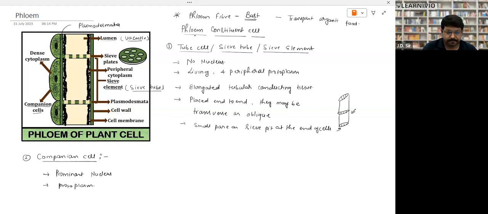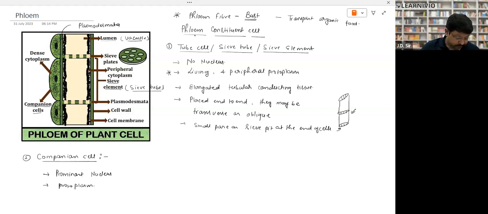Next point. The cells have peripheral protoplasm without any nucleus. Full stop.